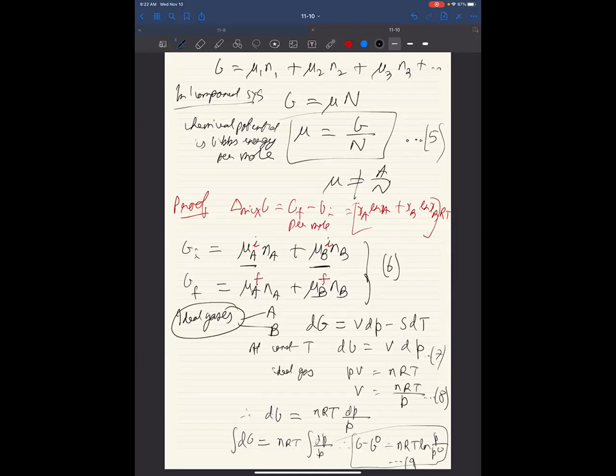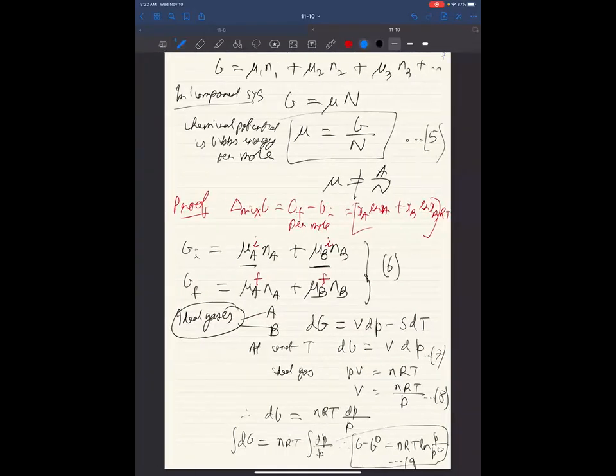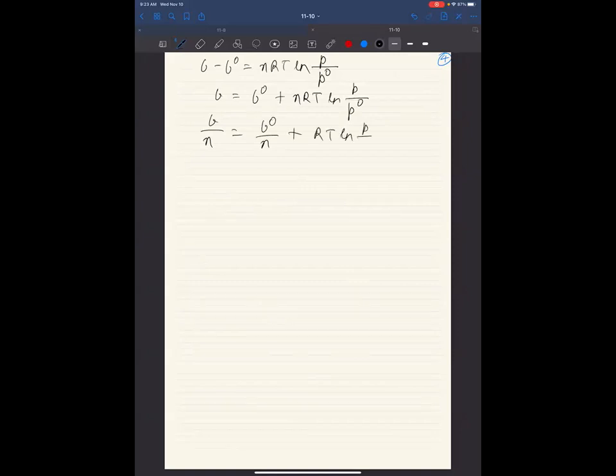Does anyone want me to stay on this page? Okay, let's go further. I will write it down again. So we have G minus G naught is equal to nRT ln P by P naught, or G is equal to G naught plus nRT ln P by P naught, or G by n is equal to G naught by n plus RT ln P by P naught.